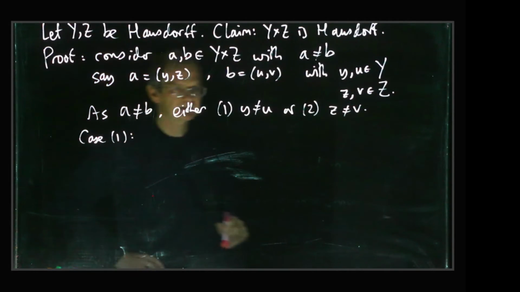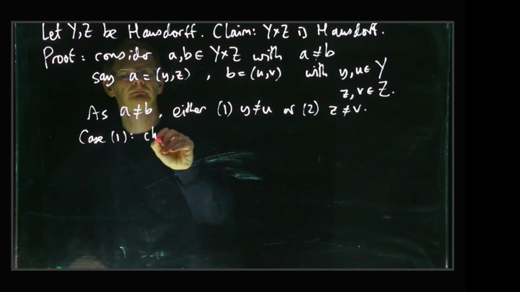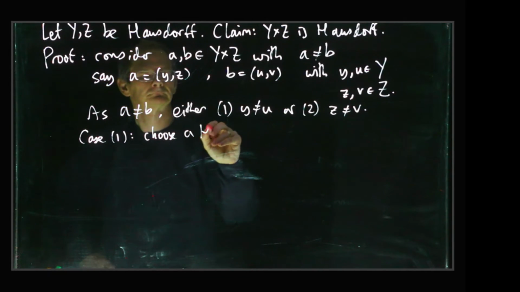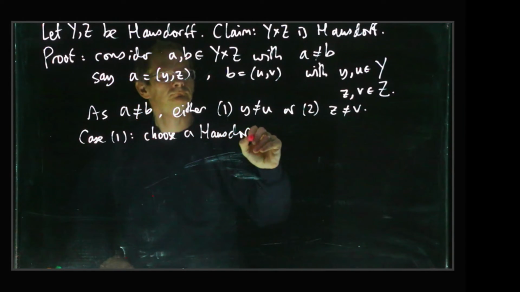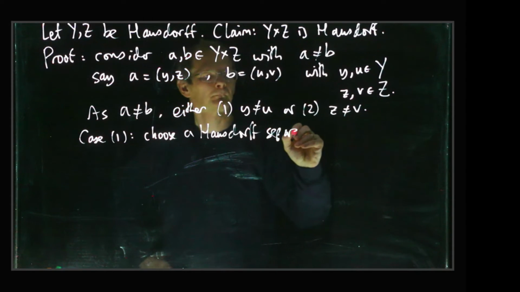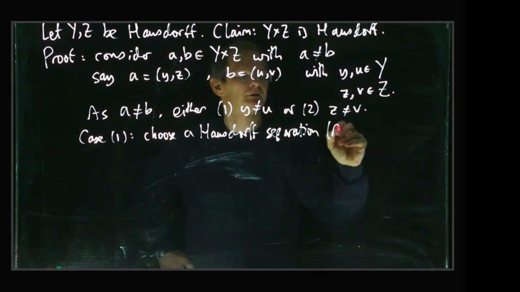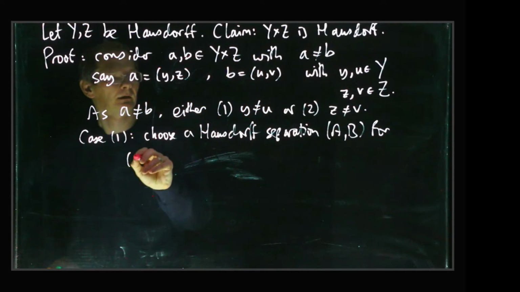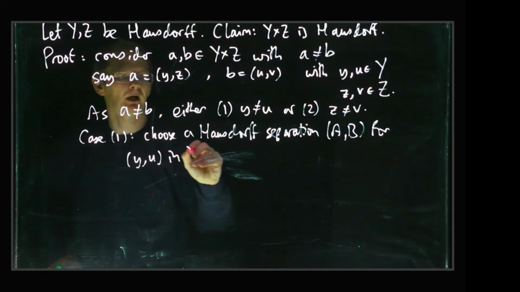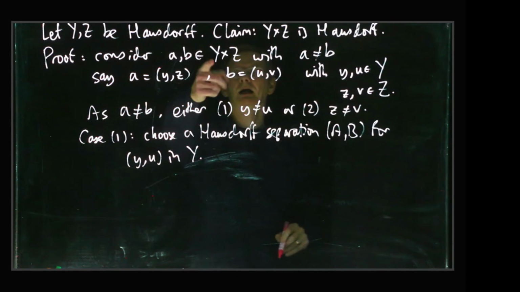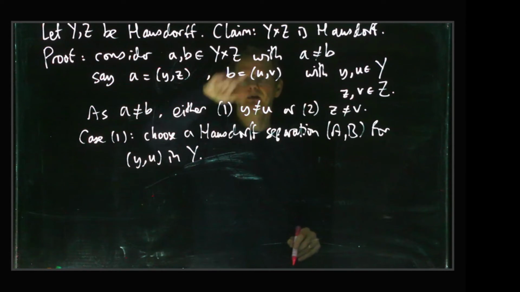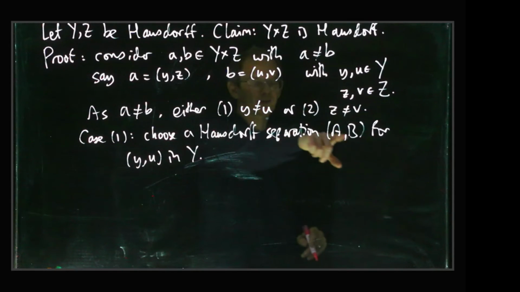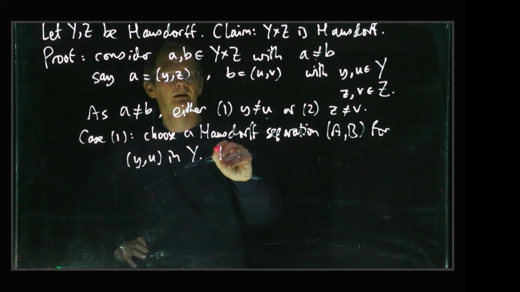In the first case, we choose a Hausdorff separation A, B for the pair y, u in Y. Remember, capital Y was assumed to be a Hausdorff space. Here y and u are distinct points in Y, so there's a Hausdorff separation.